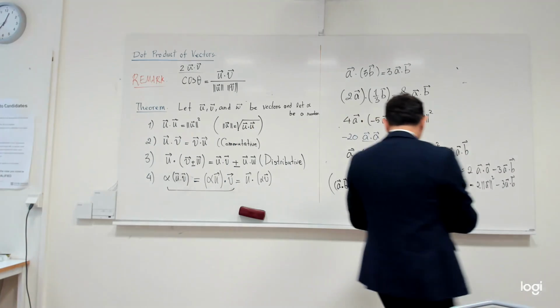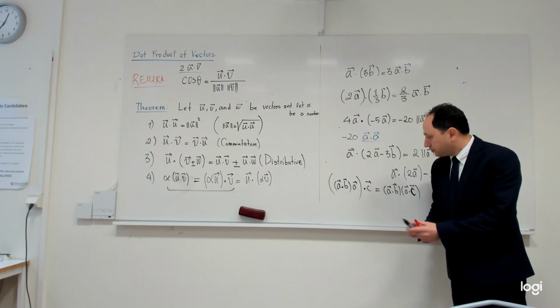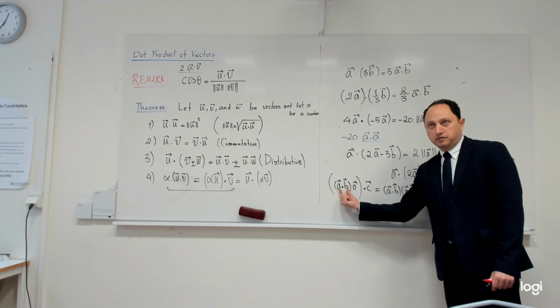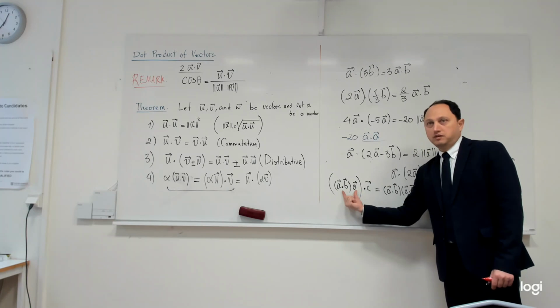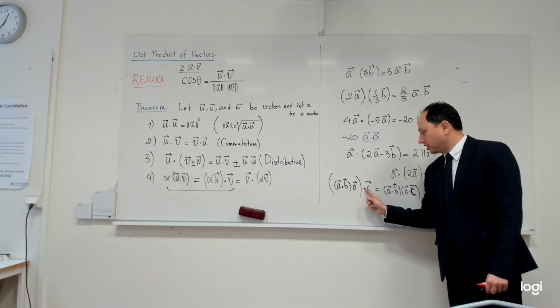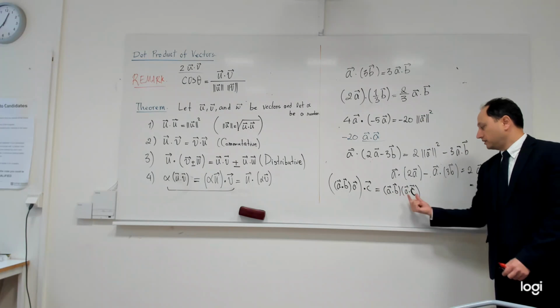So this is a product. If I ask you what type of product you see between these two, it's called dot product. What kind of product do you see here? It's called scalar product, multiplying a number by a vector. And again, what type of product is it between a vector and a vector? It is a dot product. So that's a dot product, that's a dot product.